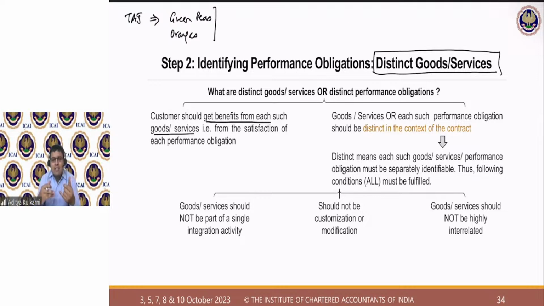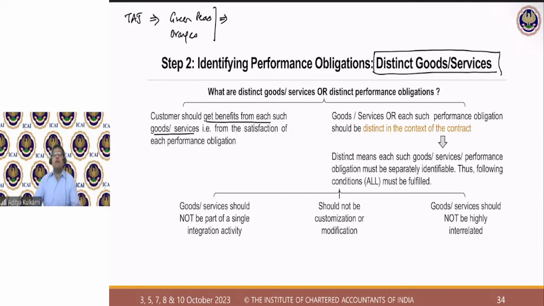And will Taj get a benefit from both of them? Answer is yes. Green peas, the benefit will go because it's used in the cooking. So green peas is chargeable separately for Taj. And oranges will be part of the fruit salad and all those kinds of preparations, a juice or something like that. So that is also in a manner benefiting the customer.